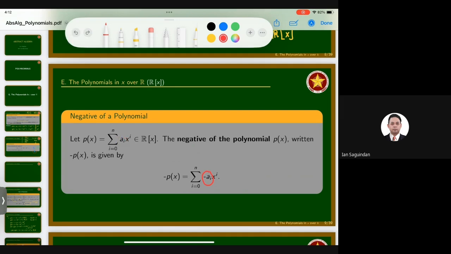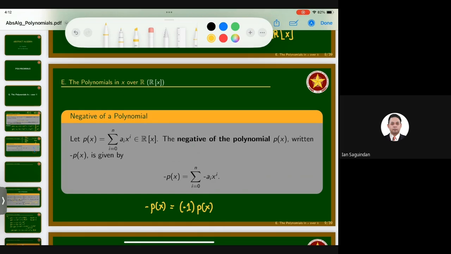I believe you can now imagine that this negative p of x is technically the product of negative 1 times p of x, since we already have this notion coming from grade 7 algebra lessons.